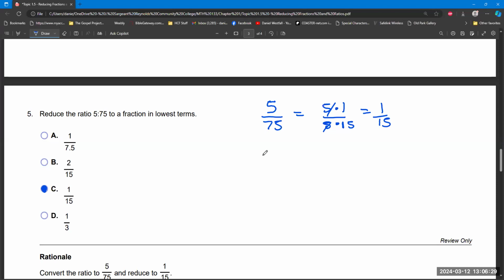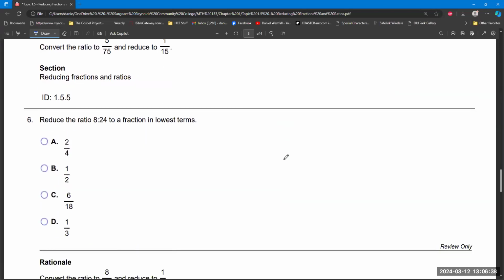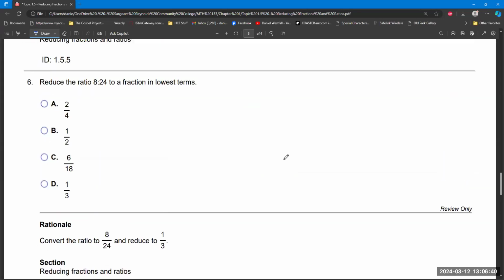We don't usually have negative numbers in this class for our ratios, unless we're dealing with slopes of lines. So there we go. 8 to 24. It's going to be 8 times 1, and this is going to be 8 times 3. So this is going to be 1 to 3, or 1/3 for our ratio.